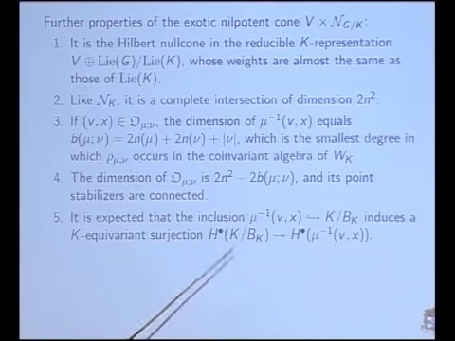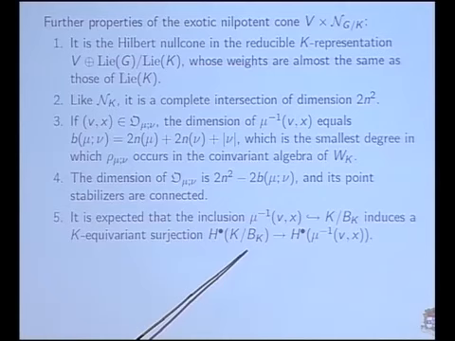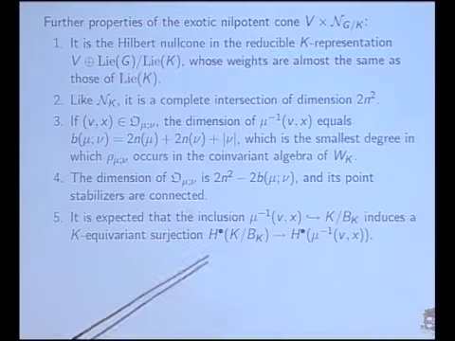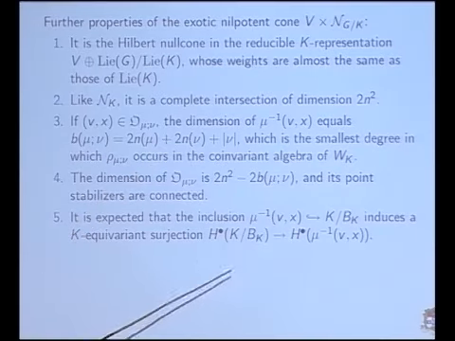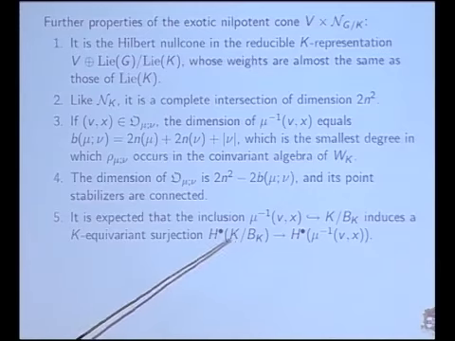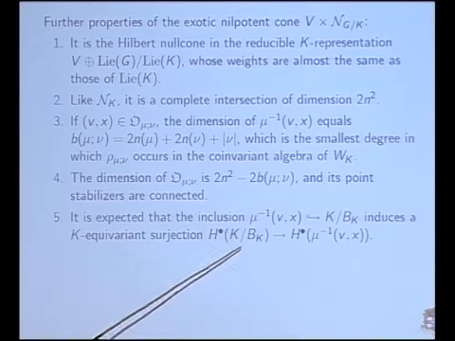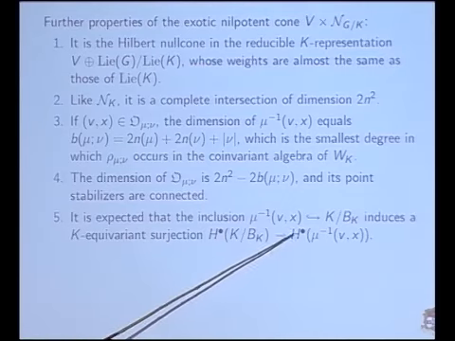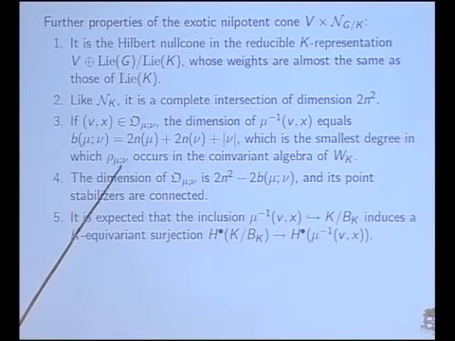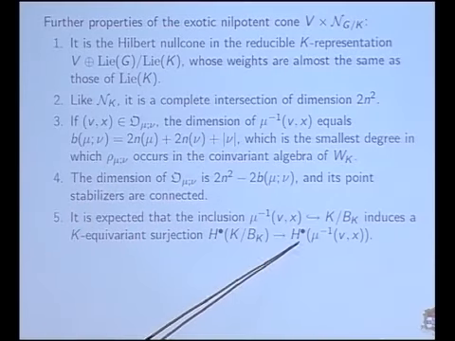It's expected, although neither Kato nor I have been able to prove this yet, that the inclusion of one of his fibers inside the whole flag variety induces a surjective map on cohomology the other way. This would, in some sense, explain point 3, because the cohomology of the whole flag variety is the co-invariant algebra.